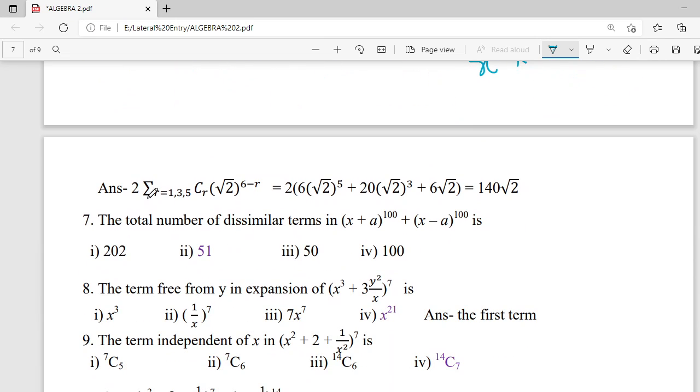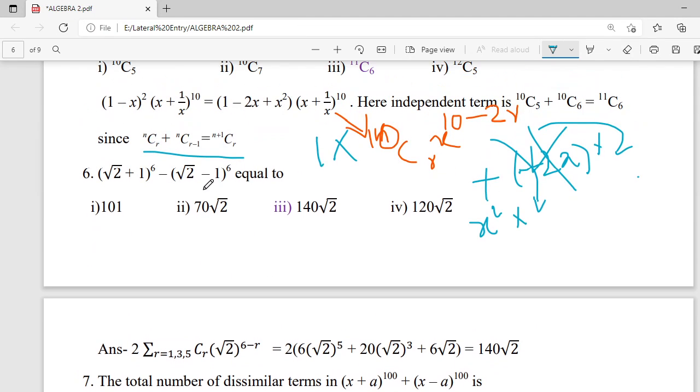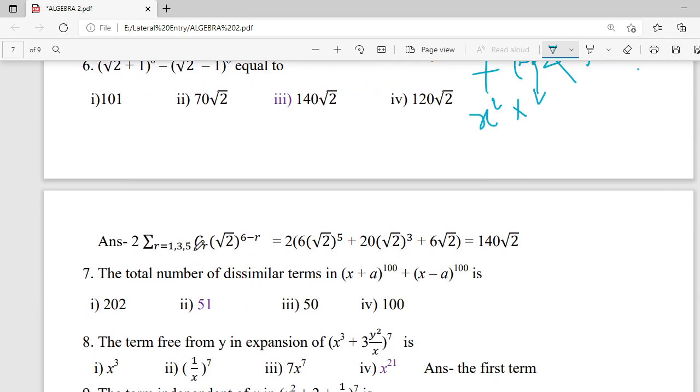So your answer is 2 into the summation of nCr, the binomial coefficients, and root 2 to the power 6 minus r. Here r is 1, 3, and 5, so the answer is this one.